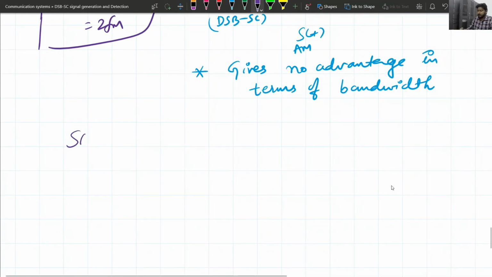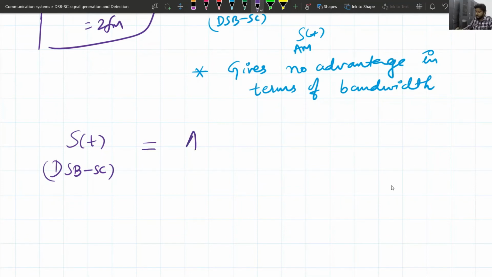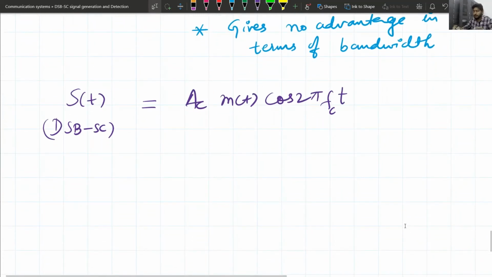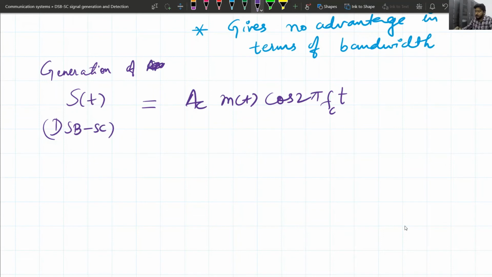Once again, DSB-SC is given as Ac times of... Now what we require here is the generation of the DSB-SC wave.